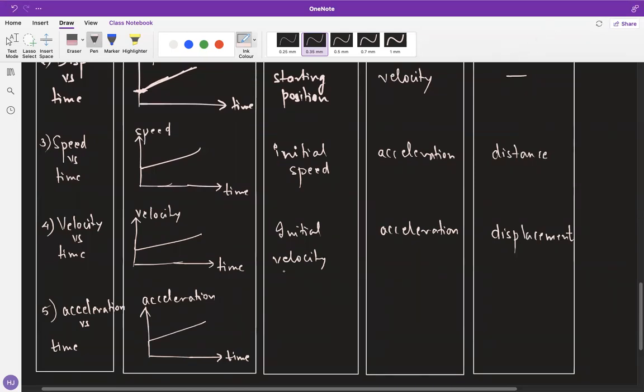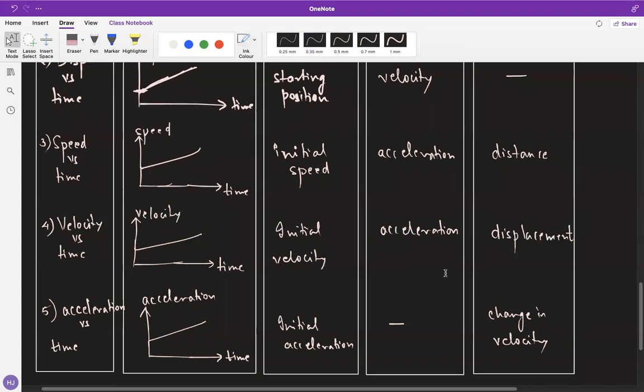Sir, it would be initial acceleration. Okay, it is initial acceleration. So the slope doesn't give you anything. And then the area under curve would be the change in velocity. Right. This is change in velocity.